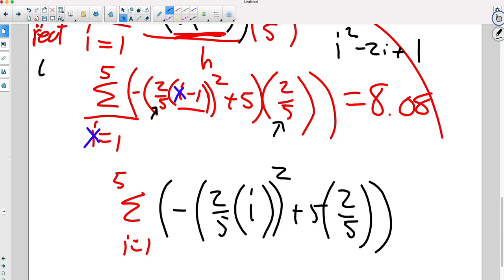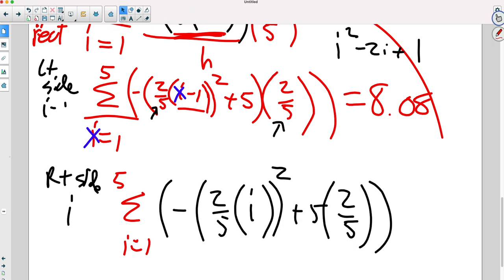Left side, i minus 1. Right side, just i. Everything else is the same. So you could go back in and just delete the minus 1, and you're going to get to your other estimate. What did we get? 6.48.